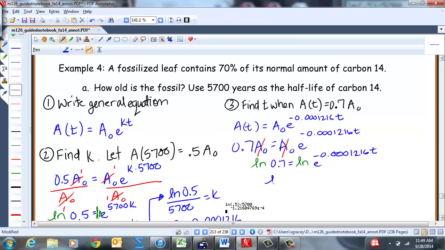So that gives us natural log of 0.7 is negative 0.0001216 times t. And then dividing both sides to isolate t, we get natural log of 0.7 divided by negative 0.0001216 is equal to t.